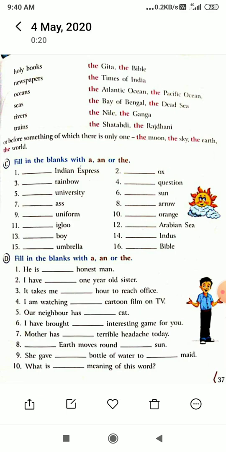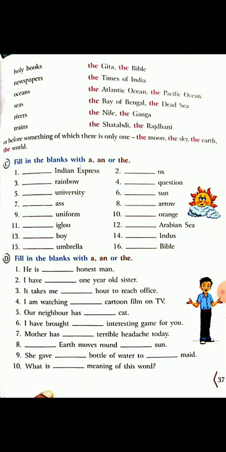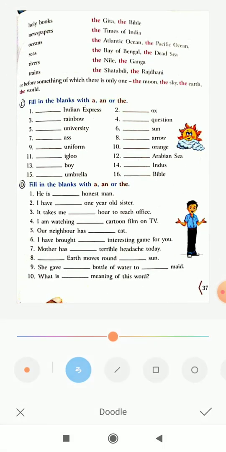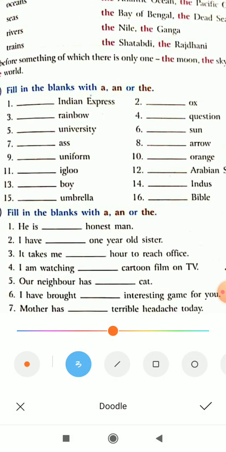Okay. Fill in the blanks with a, an or the. Now you have to use a, an or the in these blanks. Indian Express. Indian Express is a special name of an express, so we will use the Indian Express. Rainbow. A rainbow. University. Because it begins with U, but we don't pronounce it like umbrella.